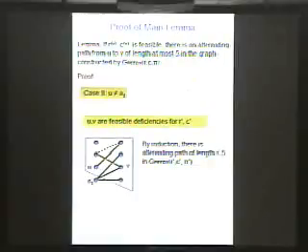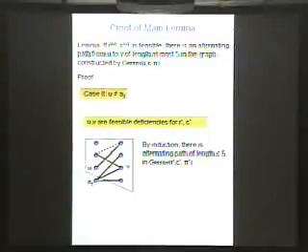And let's assume that u and v are in fact feasible deficiencies for this reduced degree sequence, R prime, C prime.